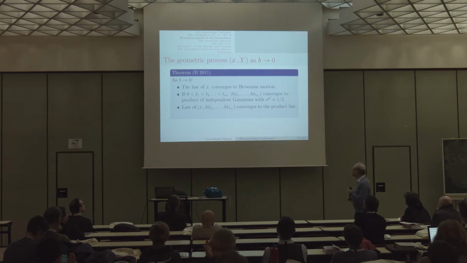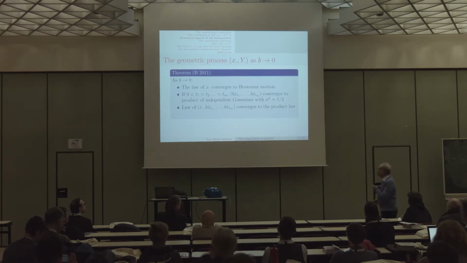And finally, this is even stranger. If you look at the joint law of this hypoelliptic diffusion and the sampled speeds, they converge to the product law. That is, in some sense, the scaled speeds become independent of Brownian motion itself. This is typically a phenomenon that's infinite dimensional. That cannot happen in a general situation.